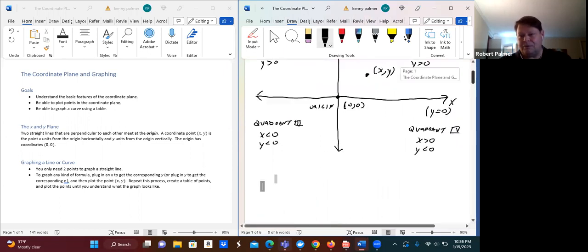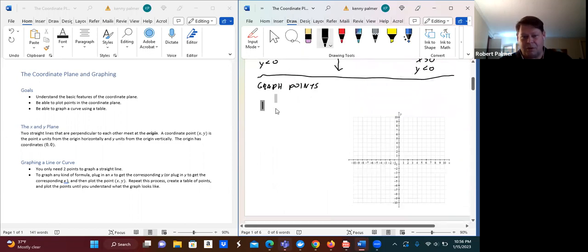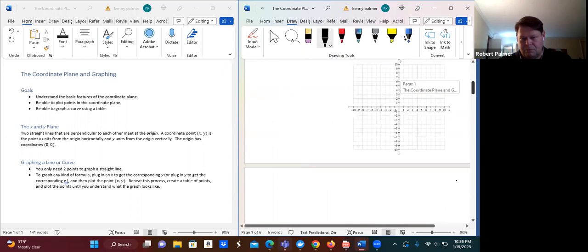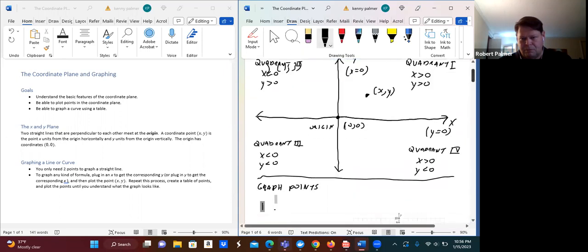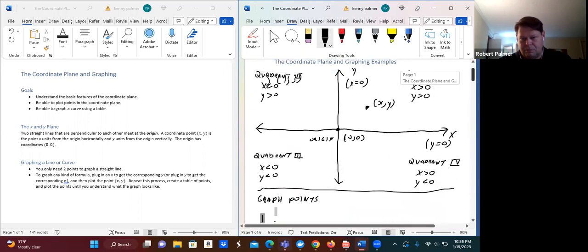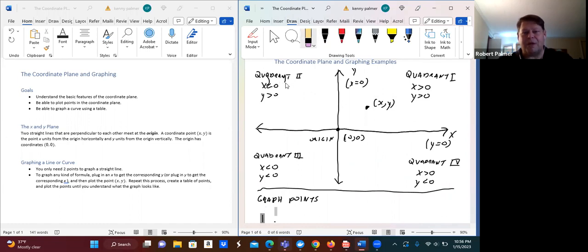So to find this point... Once again, I'm having some weird things happening with my drawing tool.